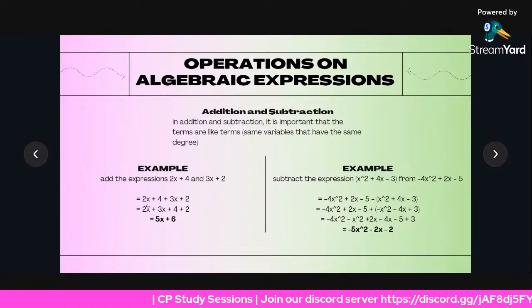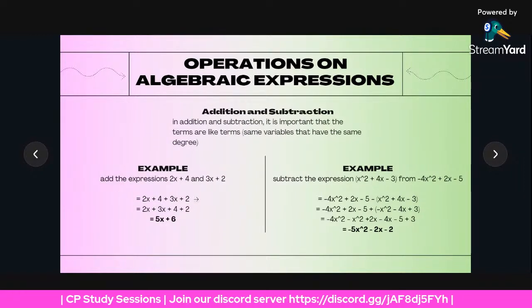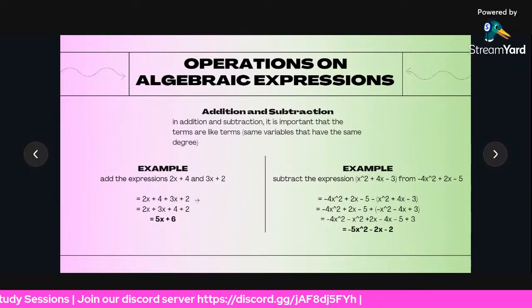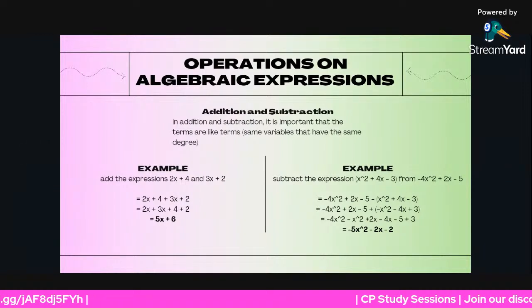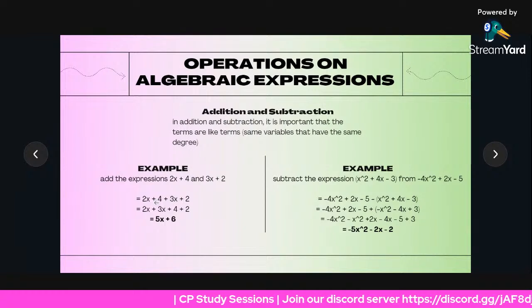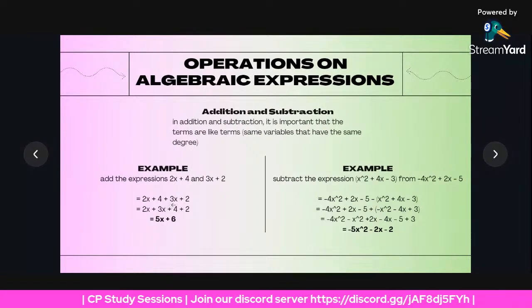Susulat natin sa ganitong form bago tayo mag-proceed sa pag-solve. So, 2x plus 4 plus 3x plus 2.